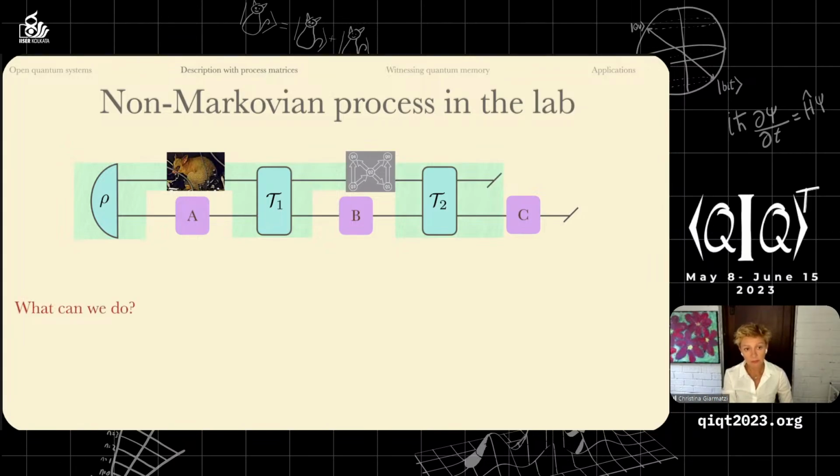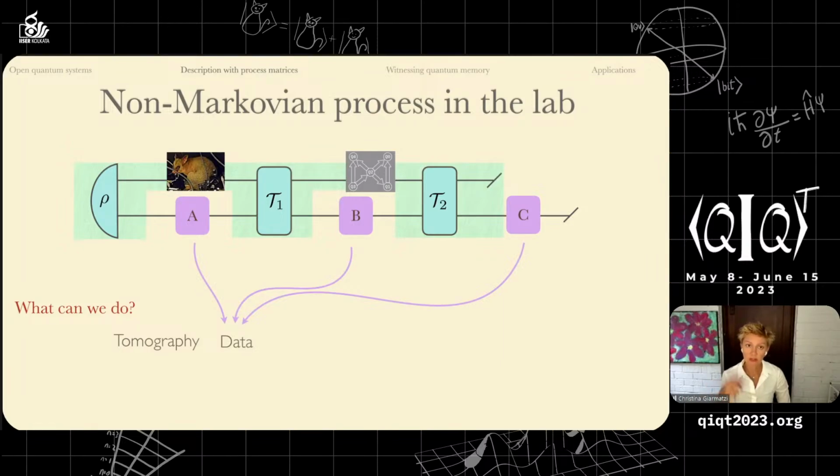What can we do? The perfect thing to do would be tomography, which means you inject these measurement stations, A, B, C, and you take informationally complete data. At A, for example, you should measure informationally complete measurements and prepare every state in a basis.